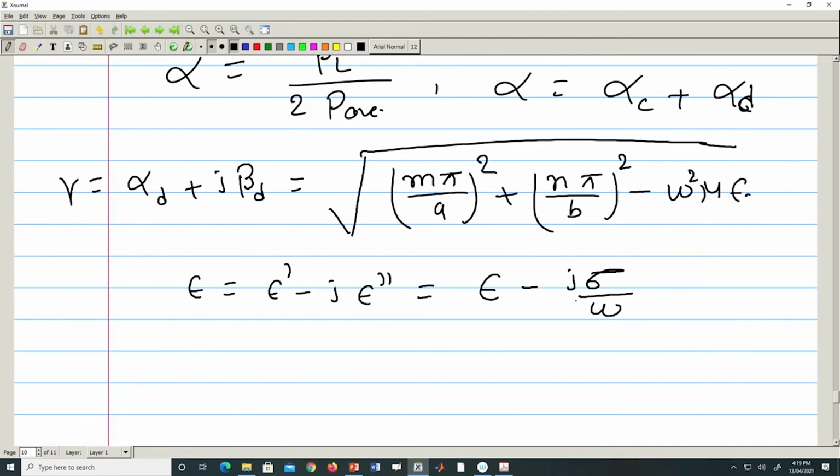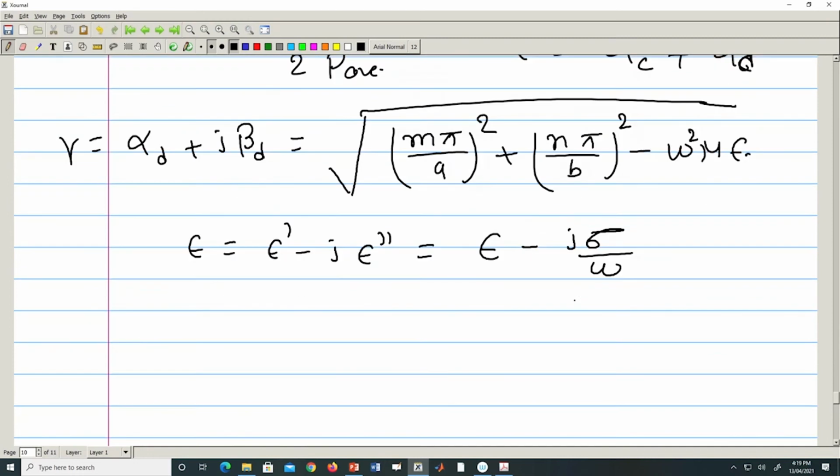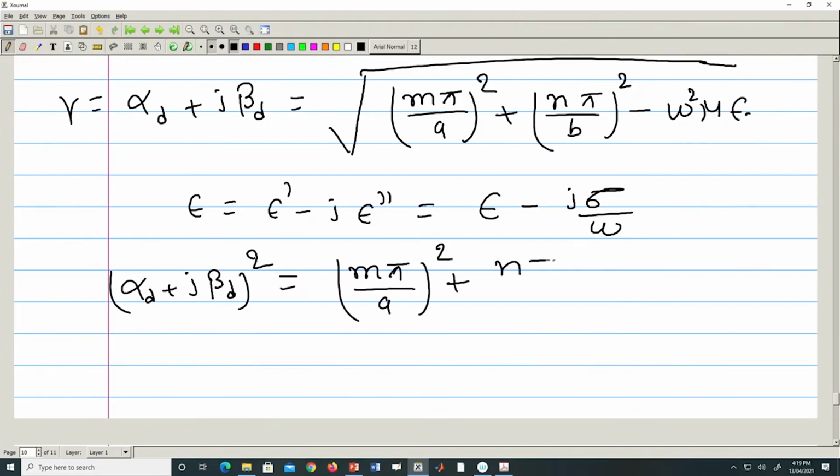We substitute this epsilon here, and after substitution, squaring both sides, alpha d plus j beta d whole square equals (m pi by a) whole square plus (n pi by b) whole square minus omega square mu epsilon minus j of sigma by omega.